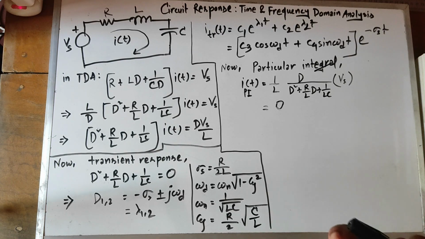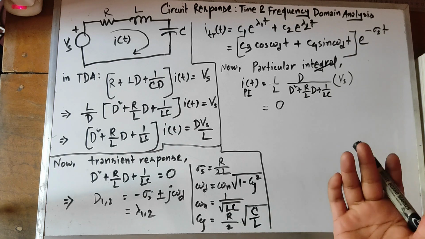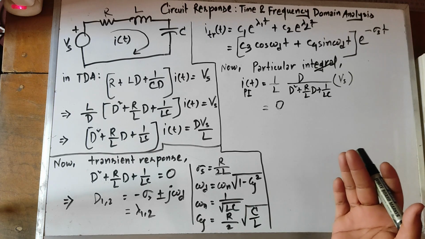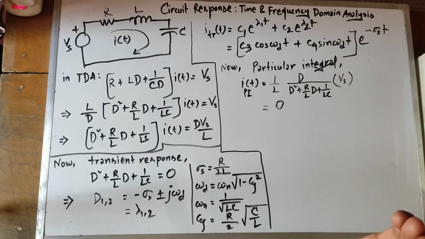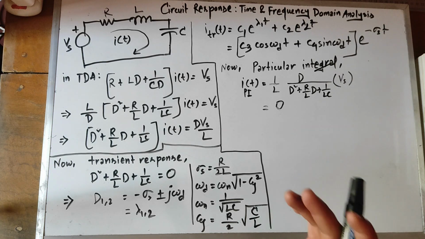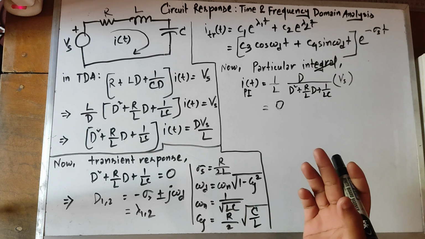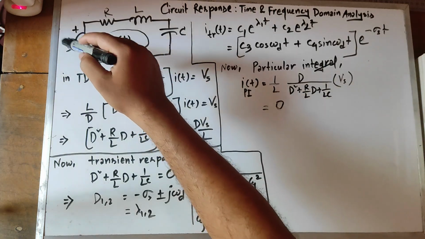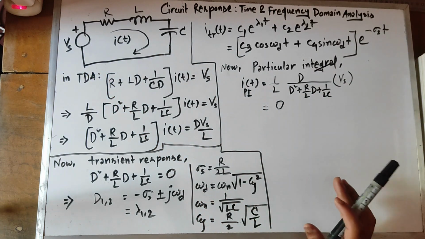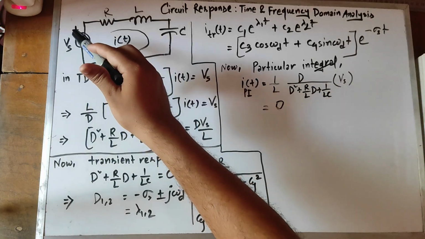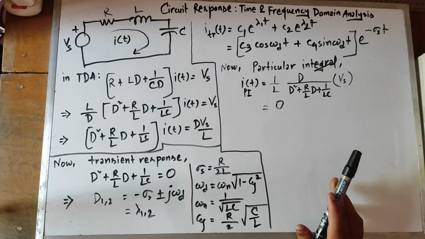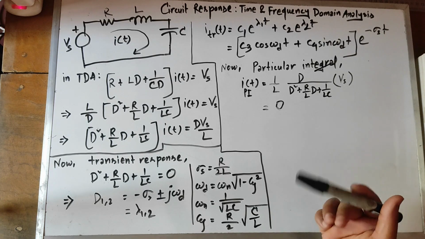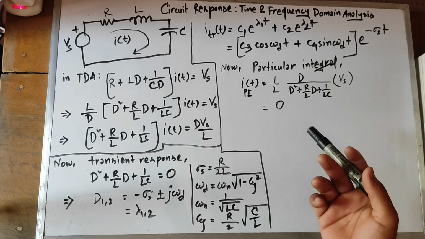Now I'm going to derive the circuit response equation for the series RLC circuit when the input is a step function or a DC value. Here the excitation is DC, which is Vs. I'm going to derive the equation in time domain and frequency domain.